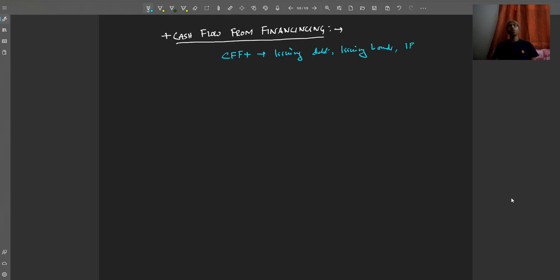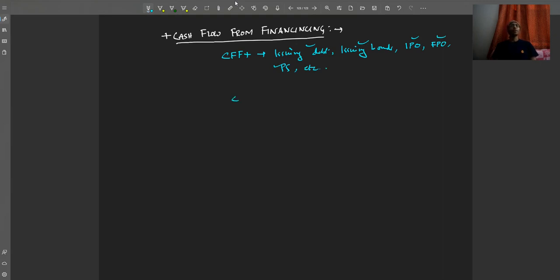Issuing an IPO, issuing an FPO, issuing preferred stocks to selected investors. These are basically sources of cash inflow from financing activities. The first two that we spoke about were pertaining to debt, and the other three, IPO, FPO, preference shares, are basically equity examples.